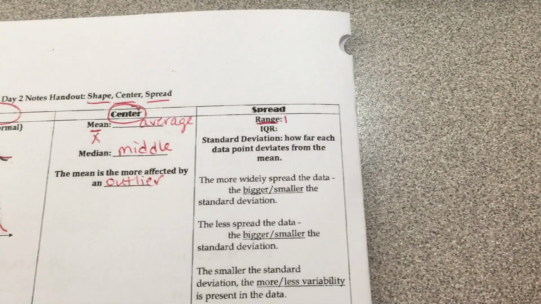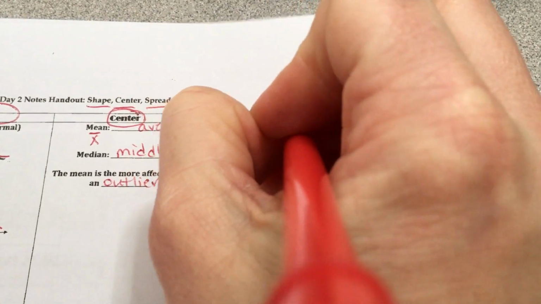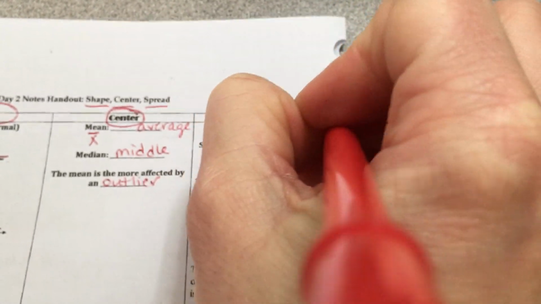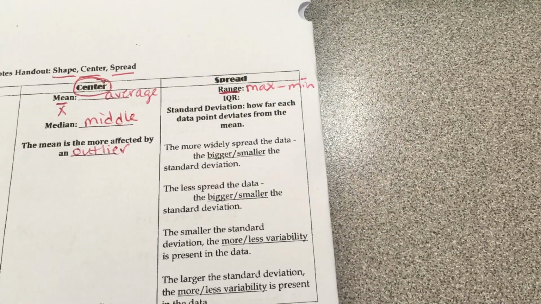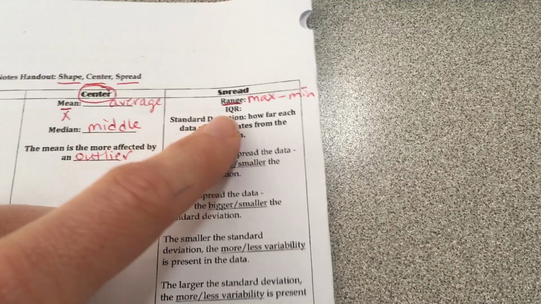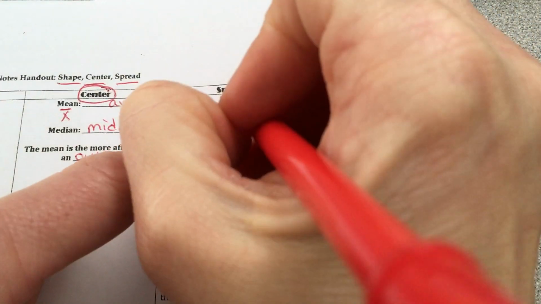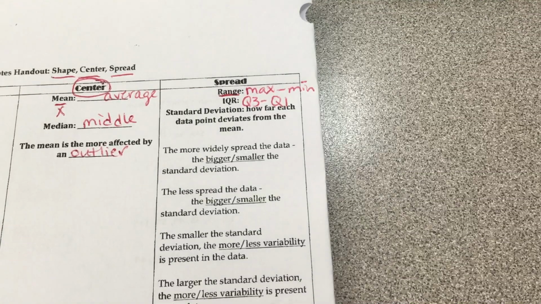How do you find range? Anybody remember? Max minus min. When it just says the word range, that's max minus min. Now, IQR is what? There you go. Q3 minus Q1. So you've got to know the difference. When it says range, that's just max minus min.